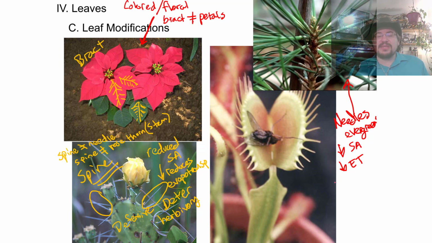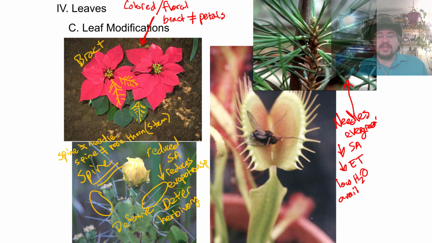So we find these a lot when we have low water availability. So they are all over the mountains because the mountains pretty much rely on rainfall to get most of their water. Higher elevations also have higher rates of evaporation in the air. So little rainfall, greater rates of evaporation, you want reduced surface area.